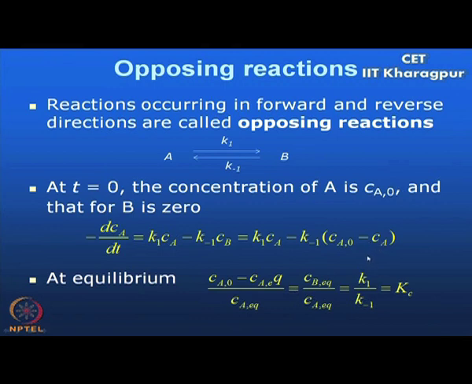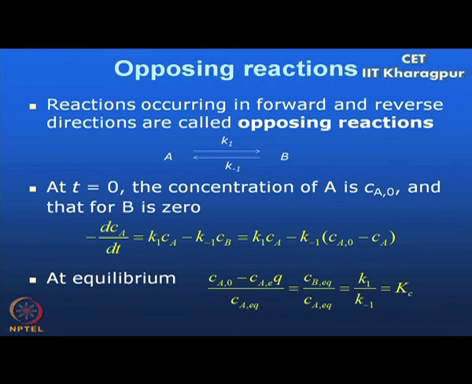So, at equilibrium what do we get? You can write that Cb equilibrium by Ca equilibrium is equal to K1 by K minus 1, which is nothing but the concentration equilibrium constant Kc.